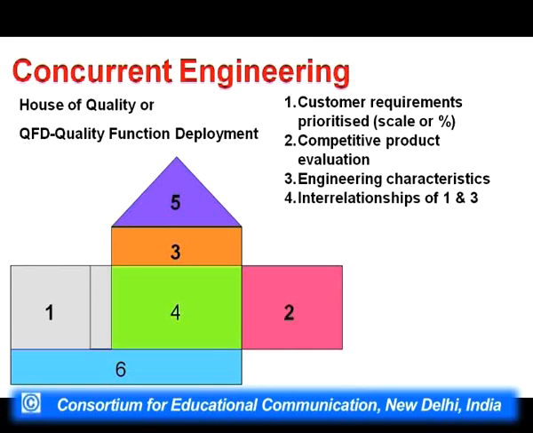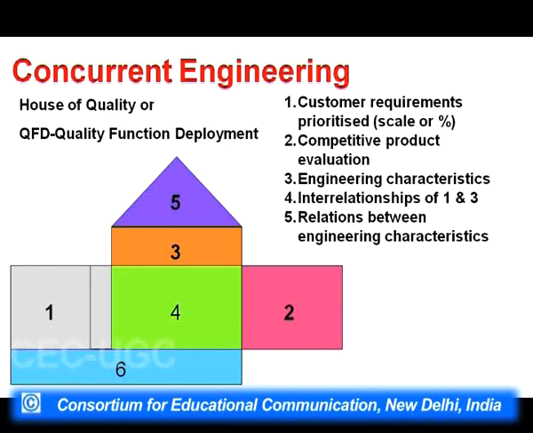Fourth is the interrelationship of 1 and 3, given in matrix 4, and relations between engineering characteristics are given in matrix number 5 at the top, the tapering roof, and 6 is targets for the new product, given at location 6.